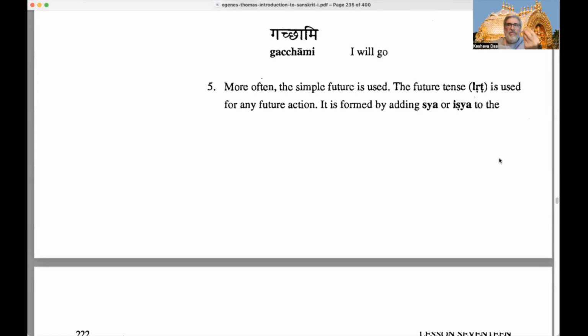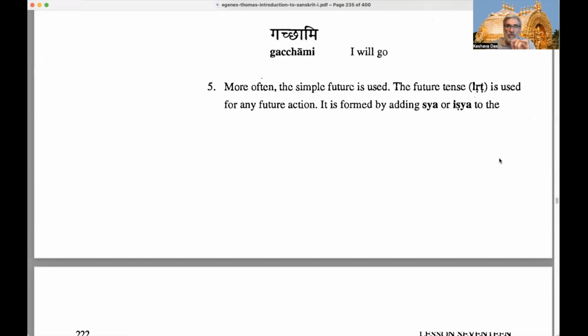It's used for any future action. It is formed by adding sya, the dental S, semivowel Y, A, or ishya, cerebral S, ya.